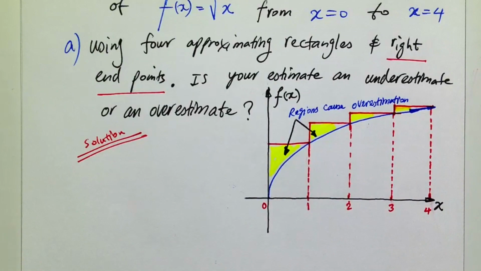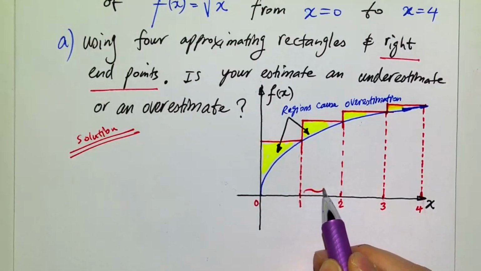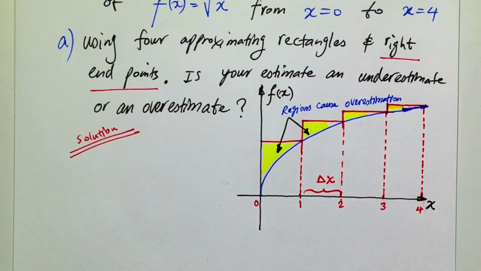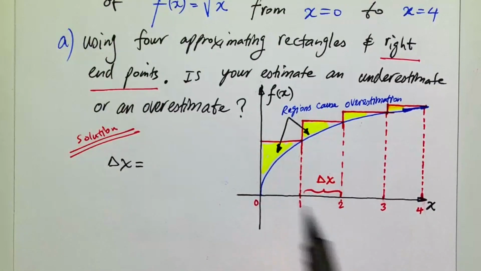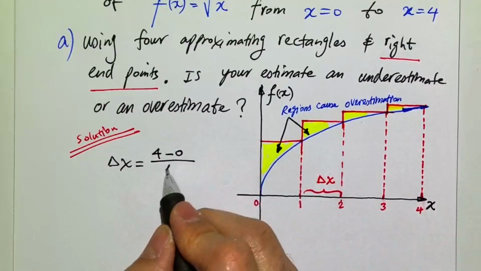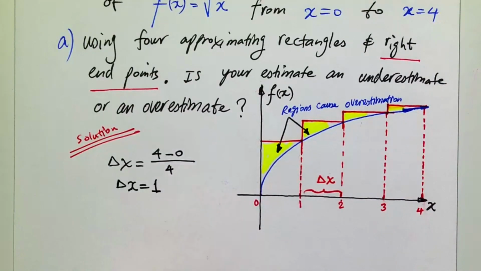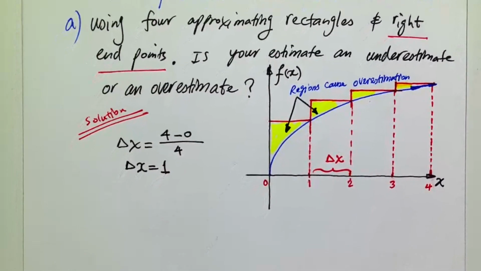All right, so we already know that. Then we also know that the width here should be delta x. Let's calculate delta x very quickly. Delta x is 4 minus 0 divided by how many rectangles? 4. Right? So delta x is equal to 1. Very straightforward there.